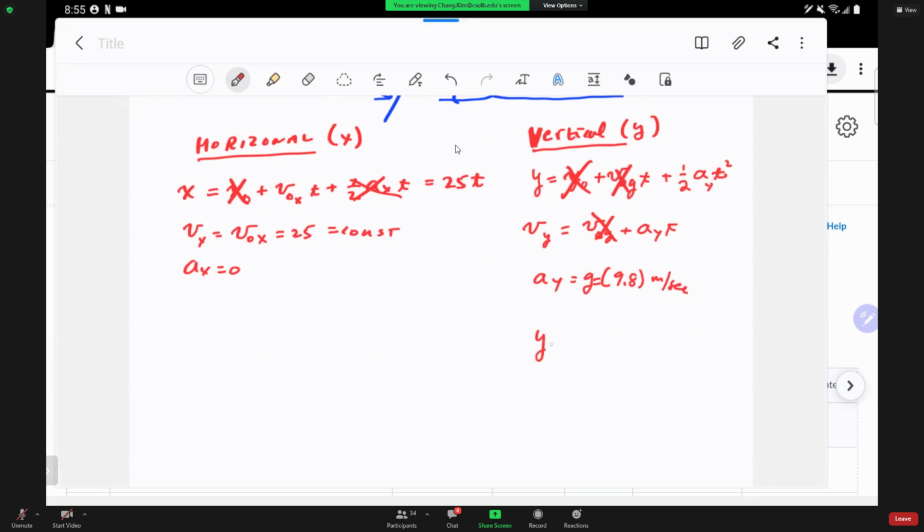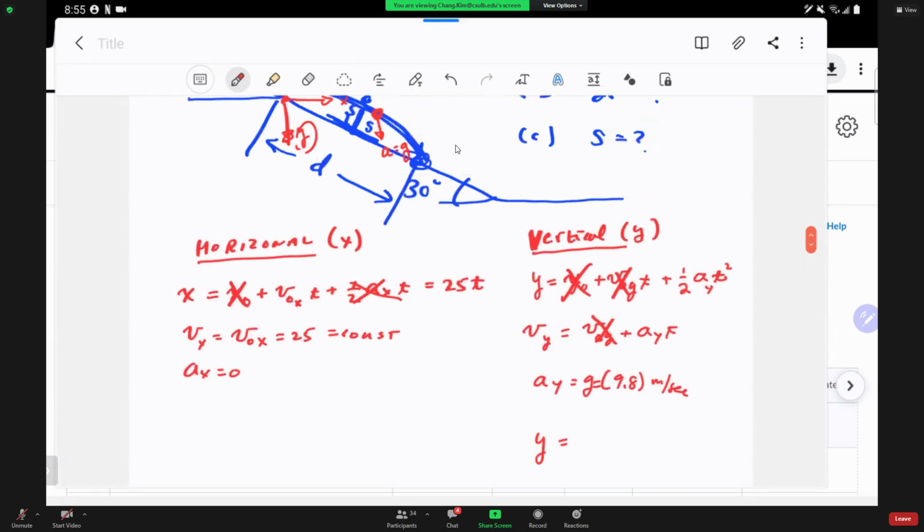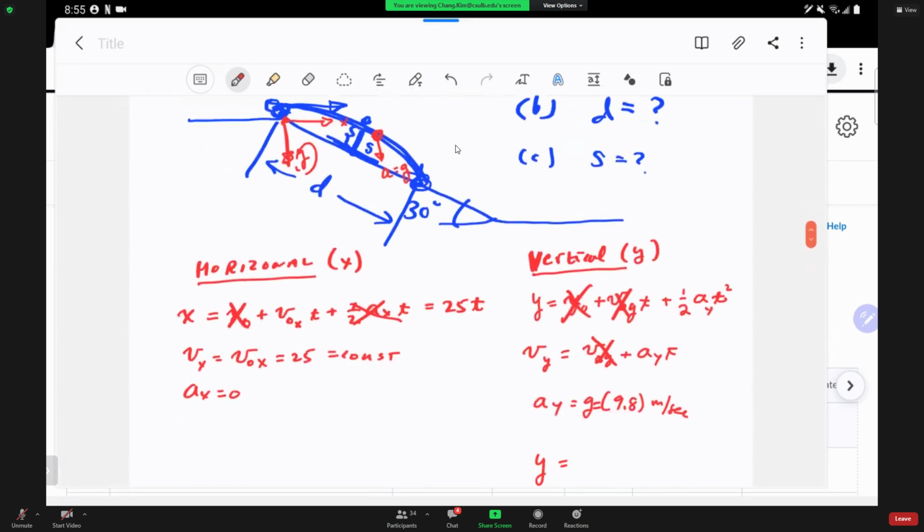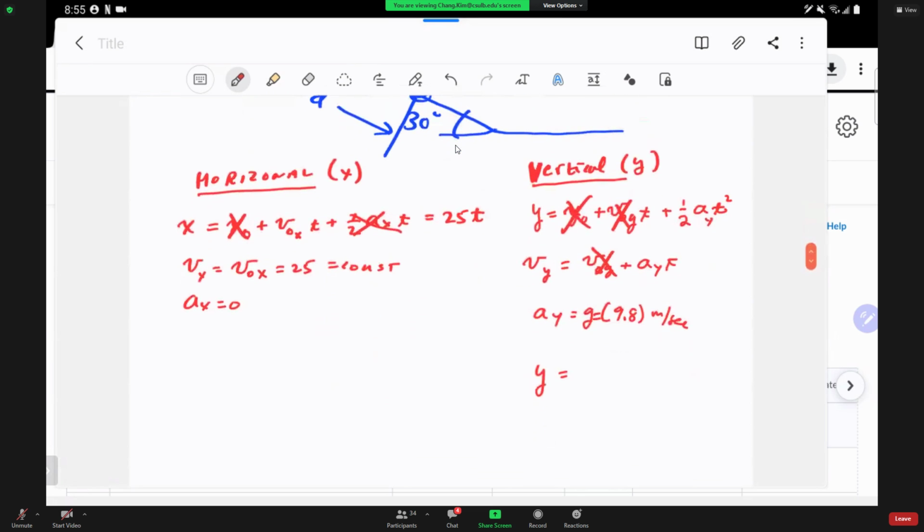So your y is equal to 1/2 times 9.8 t squared. The velocity in the y direction will be 9.8 t, and your acceleration is 9.8. So this is simple.